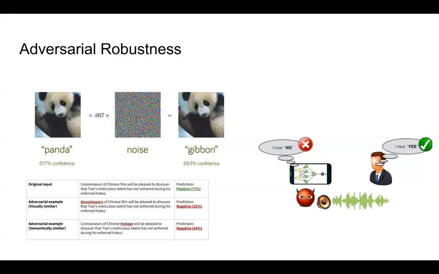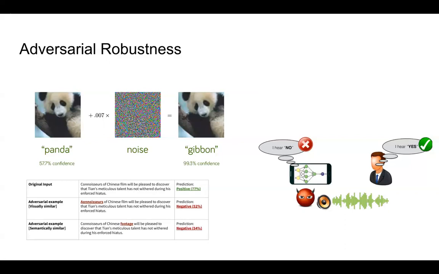So let me just be clear, this noise is not random. It's a well-crafted noise, and this crafted noise is added to this panda image to give the image on the right. It's not the same image. After adding this noise, the confidence of panda dropped, and the confidence of gibbon went so high that the model says it's a gibbon.